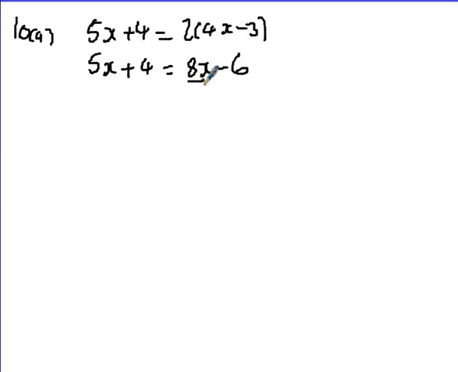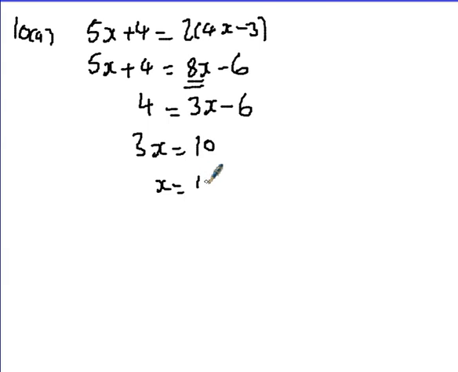Now there's your larger x, so you're going to move the smaller x over. So take 5x off 8x. We add then 6 to this side, so that gives us 3x equals 10. And then x is 10 divided by 3. How many 3s in 10? 3 , remainder 1 over 3. So that's the first one covered. 3 and 1/3.